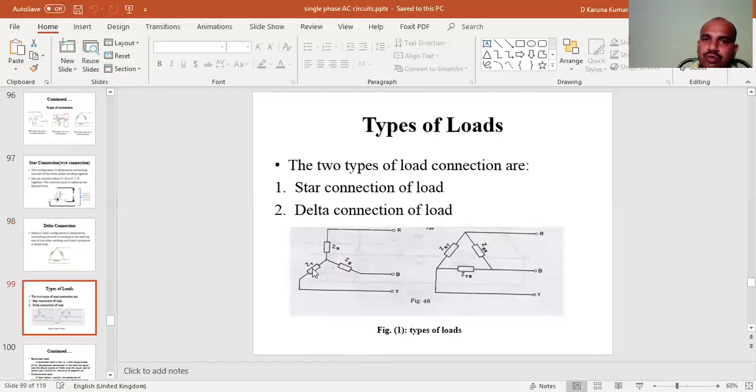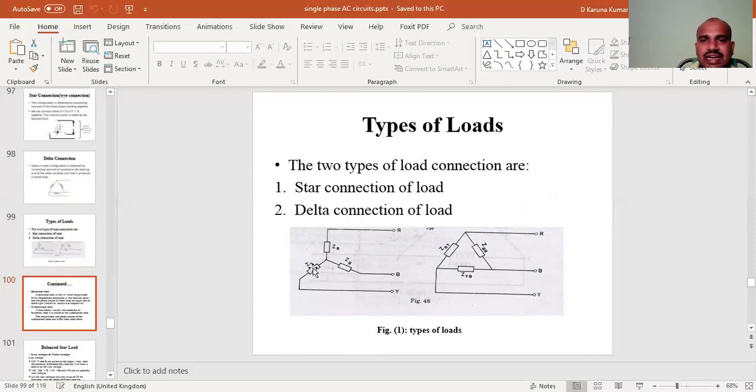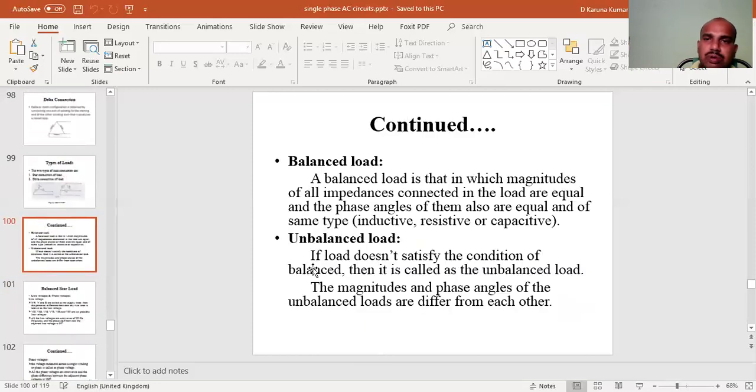There are two types of load connection. The first one is star connected load, the second one is delta connected load. One more classification is balanced load and unbalanced load. A balanced load is one in which the magnitudes of all impedances connected in the load are equal, and the phase angles are also equal and of the same type.